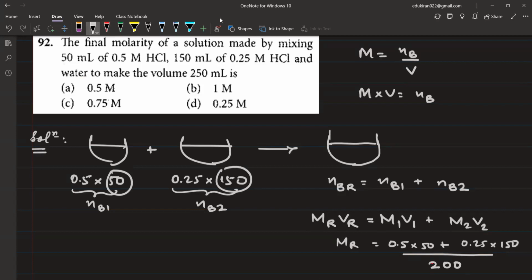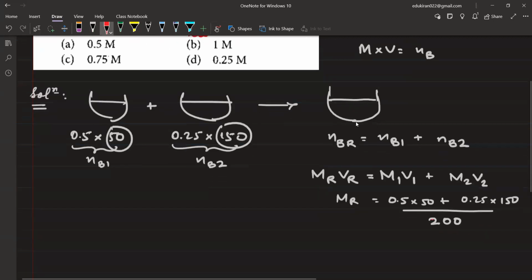I will first of all get the resultant solution, then I will add 50 mL more in order to make it 250. You see the question? Then you have to add water also to make it 250. So MR will be equal to, tell me what will be the answer for this? 0.5 into 50 plus 0.25 into 150.